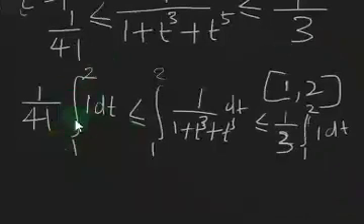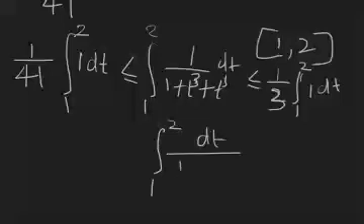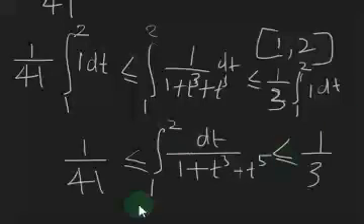Then we can see that this integral of 1 over 1 plus t cubed plus t to the 5 is between 1 over 41 and 1/3. This integral is always between these two numbers.